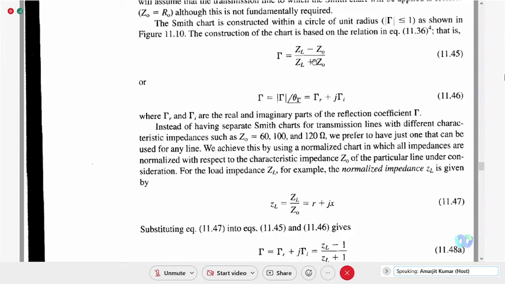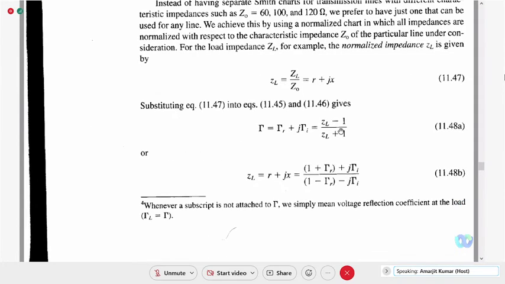So small zl minus 1, because divided by Z naught, divided by small zl plus 1. So normalized load impedance minus 1 divided by normalized load impedance plus 1. That is the reflection coefficient, which is equal to gamma r plus j gamma i.